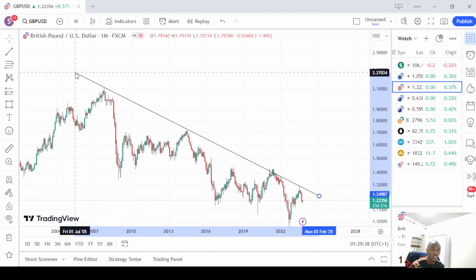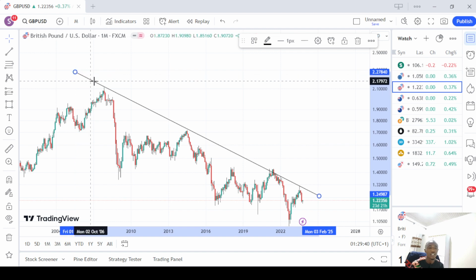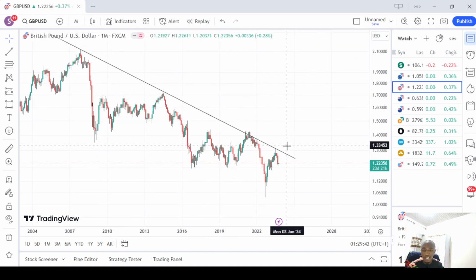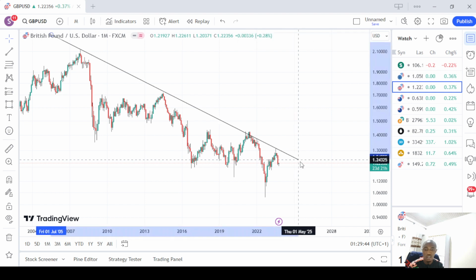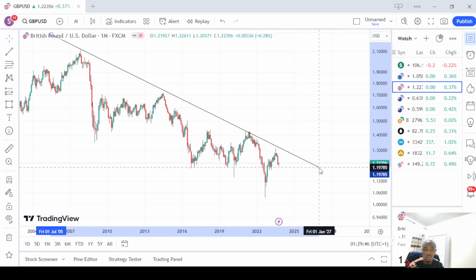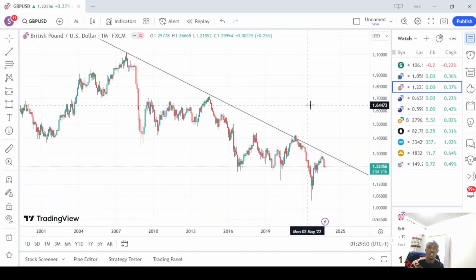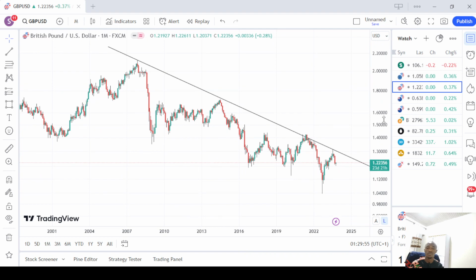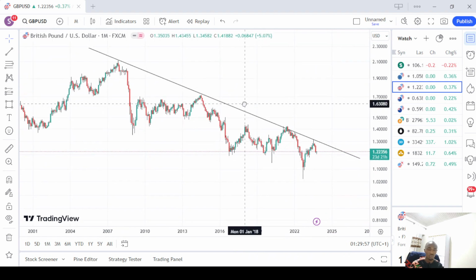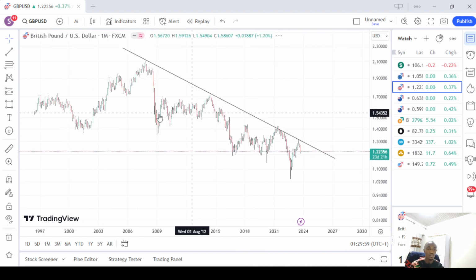That's how you put your trend line, and you ensure that the tail ends of the wicks, not the body, meet. That's how to have your trend lines.